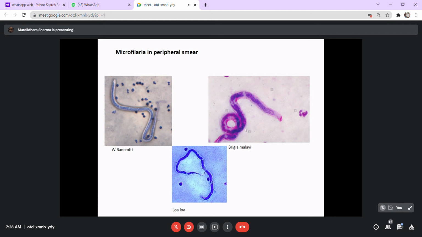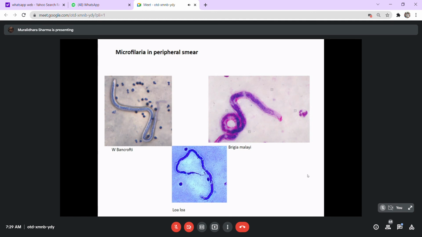Whereas Brugia malayi, which is rare in our condition, but occasionally can be seen, particularly in Shimoga area, where Brugia is common, they will have an acidophilic stain, the eosin stain, reddish color, and these worms would have multiple broken cytoplasmic contents. They will have segmentations. Loa loa, which is extremely rare in our area, will have both the ends, head as well as the tail, being very thin and tapered.